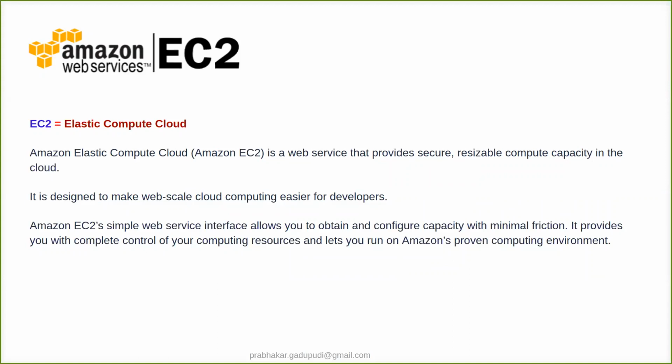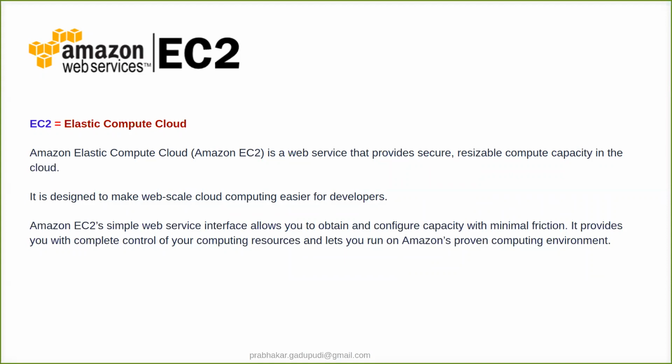It is designed to make web scale cloud computing easier for developers, and it is very easy for them to quickly create an instance and start developing applications. The Amazon EC2 simple web service interface allows you to obtain and configure capacity with minimal friction. It provides you with complete control of your computing resources and lets you run on Amazon's proven computing environment.